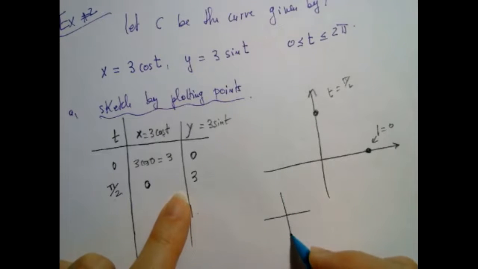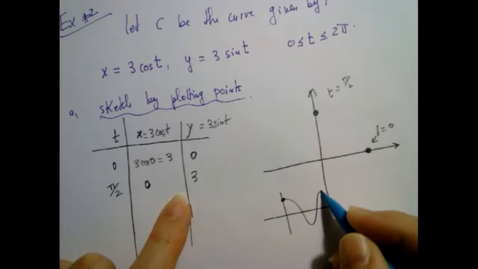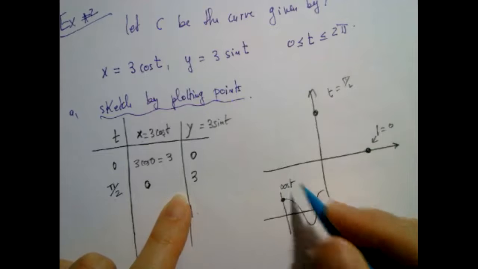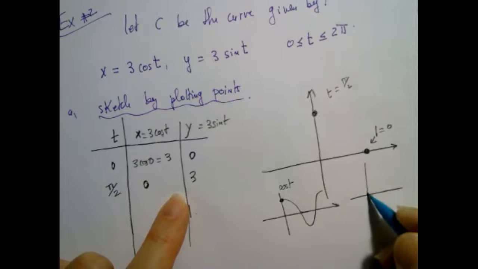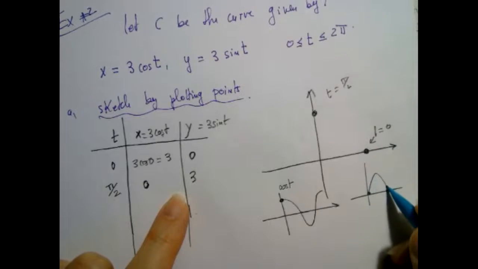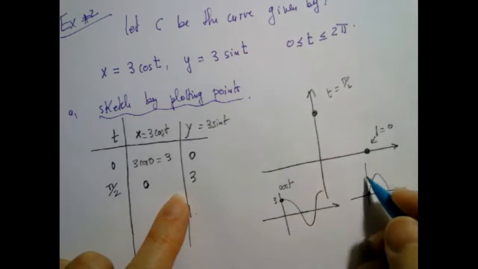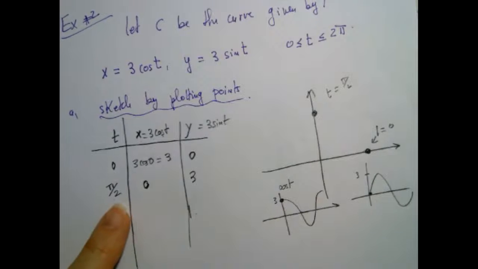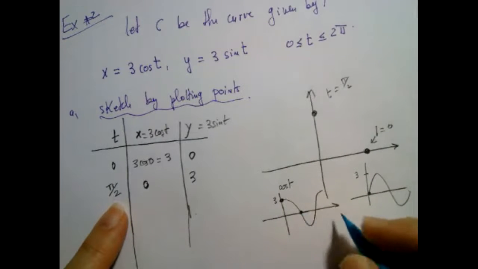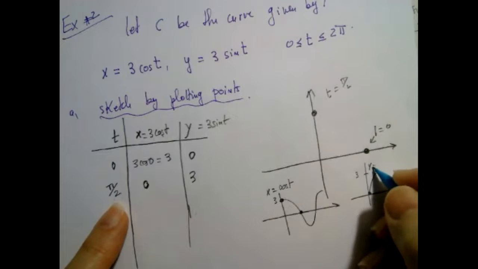This is the graph of cosine. Cosine starts here, goes down and up. That's the cosine. And this is the sine. It starts at 0, goes up and down. Since this is 3 cosine, there's a 3 here, and a 3 here. This is pi over 2. That represents the x coordinate, and that represents the y coordinate.